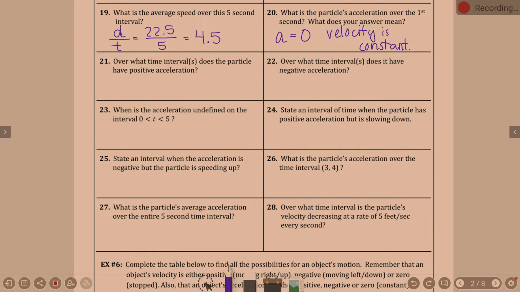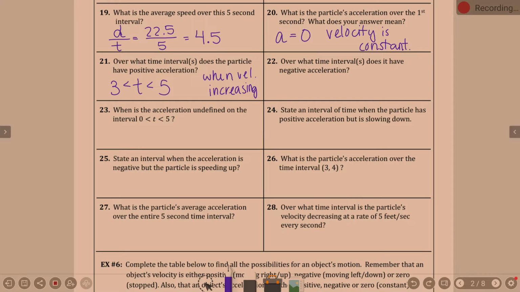It is when velocity is increasing, right? Okay, so 3 to 5, and I am going to say when velocity increases, or maybe I should say increasing. However you want to say it.